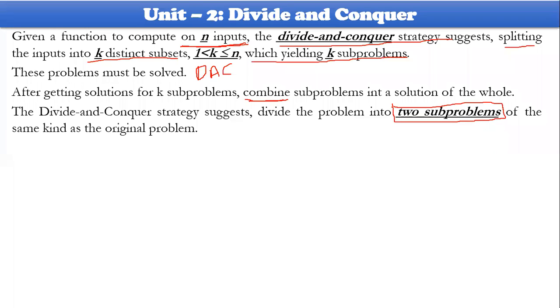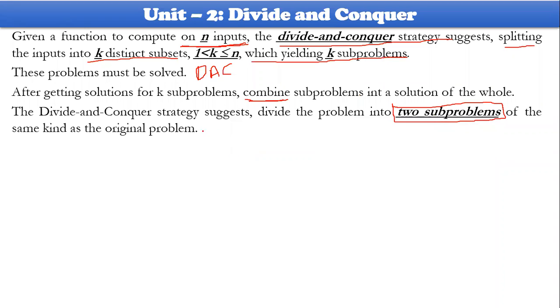If n elements are given to you, you perform n by 2, which is again divided into n by 4, then n by 8, and so on. How many times will it continue? n equals 2 power k, so that many times it is going to be performed.